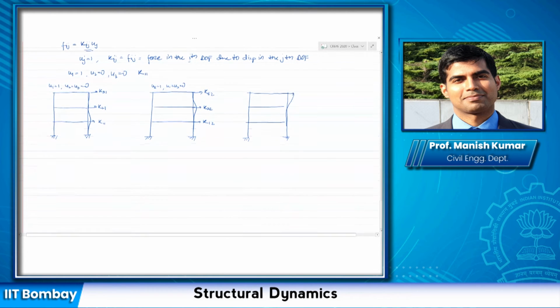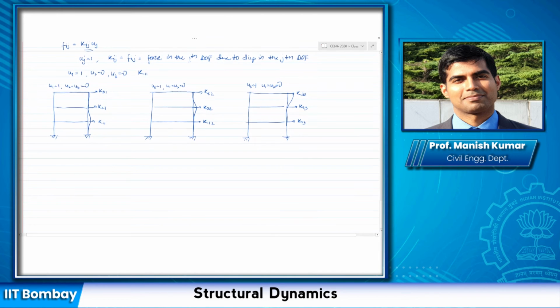So it looks something like that. So U3 equal to 1 here, and U1 equal to U2 equal to 0. So if this is the case, let us say the force required to achieve this is K33, and here it would be K23 and K13.